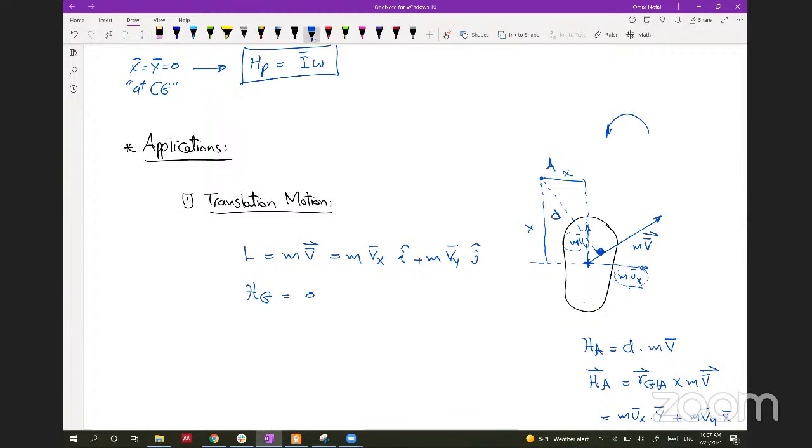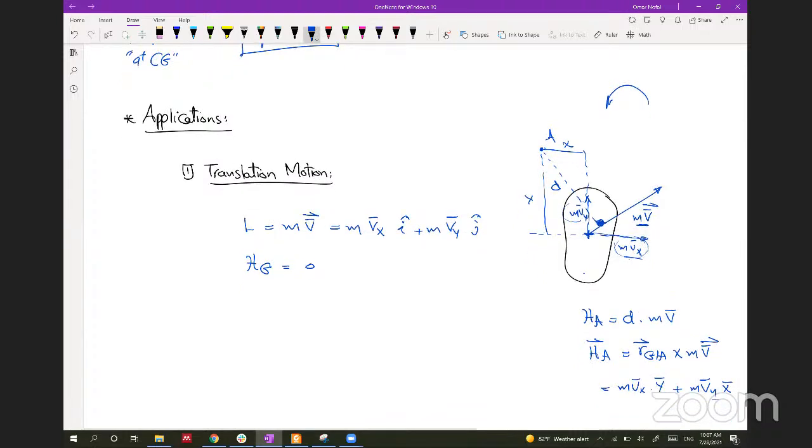But you have to be careful about the direction. The y bar is positive, and the x bar is positive as well, like it's going this way. So both of them are making positive moment, and that makes sense because mv bar is making a positive moment about A, the x and y components.